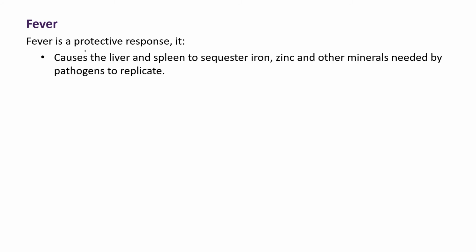It has an immunological purpose. It causes the liver and spleen to sequester certain minerals, particularly iron, zinc, and any other minerals. These minerals are needed by pathogens to replicate. So in other words, what it's doing is it's hiding away these minerals so that the pathogens can't use them.